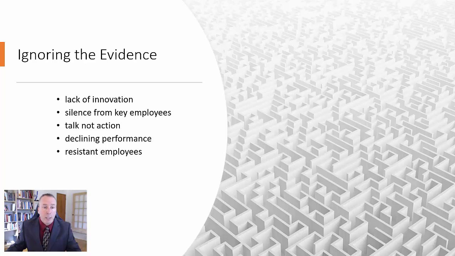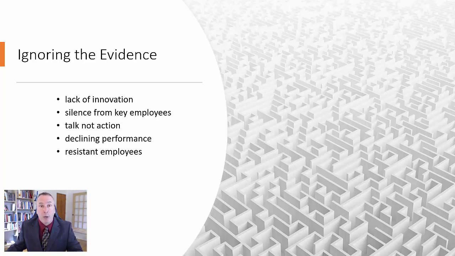Silence from key employees. I put this example here for a specific reason, and that's because it addresses communication, or lack of communication. If key employees, for some reason, are silent, they're not communicating ideas, they're doing their jobs, and that's it, that may be a sign that there are some communication-related challenges within the workplace.